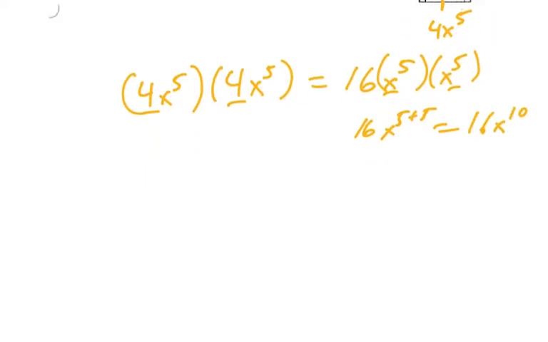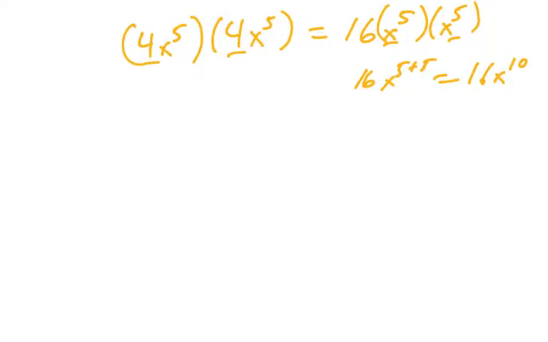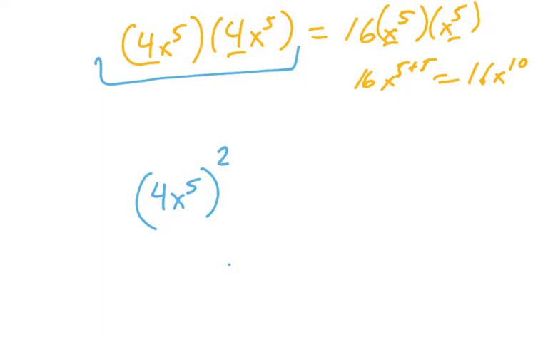Now, some of y'all will be like, well, okay, that's true, but the section is discussing what happens when you have exponents to exponents. Notice that what I did there is the same thing as saying 4x to the 5th squared. So if you wanted to, instead of doing it the way that I did originally, you could distribute this 2 to both.